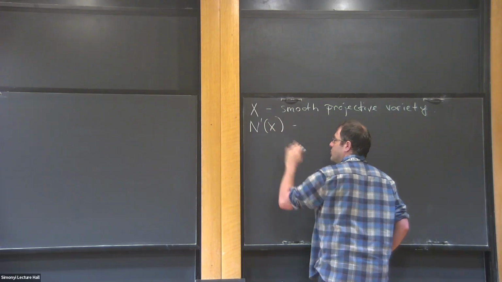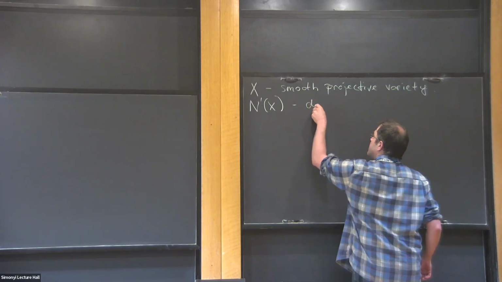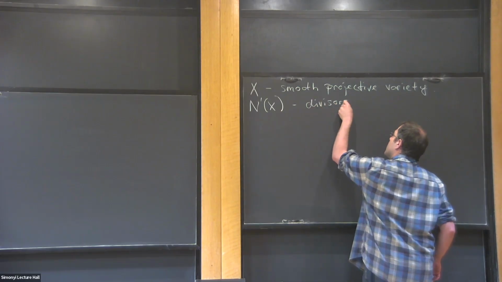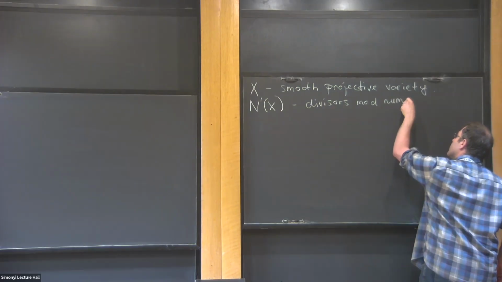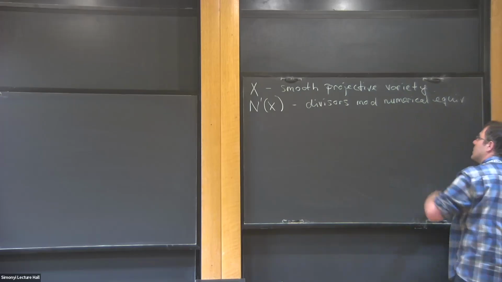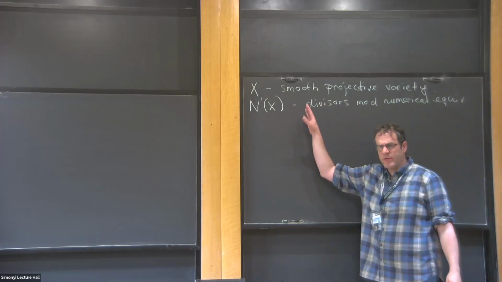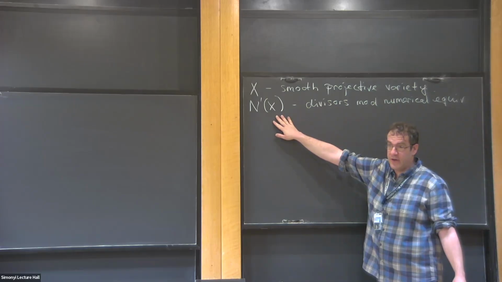I'm going to introduce this standard object, the N1 class, which is just divisors modulo numerical equivalence. I'm always working with divisors with real coefficients, so this is a finite dimensional real vector space.